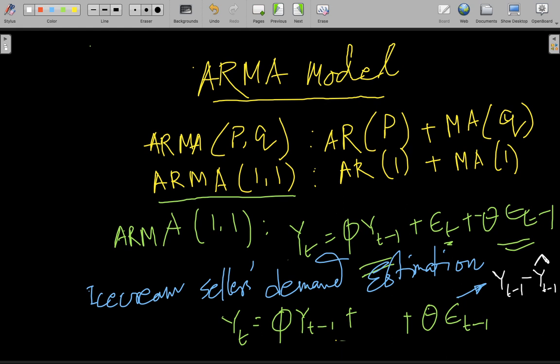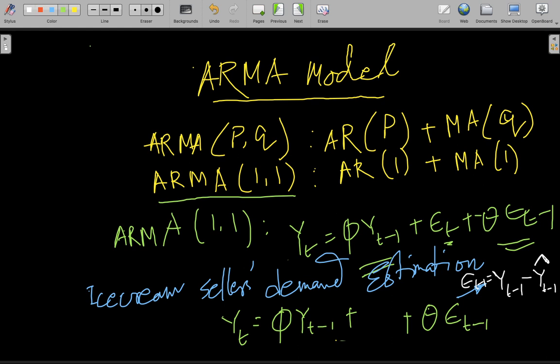So he used the model to predict this Y_(t-1), and this difference is going to give him epsilon_(t-1), right? So he is actually getting this error term from the past period.